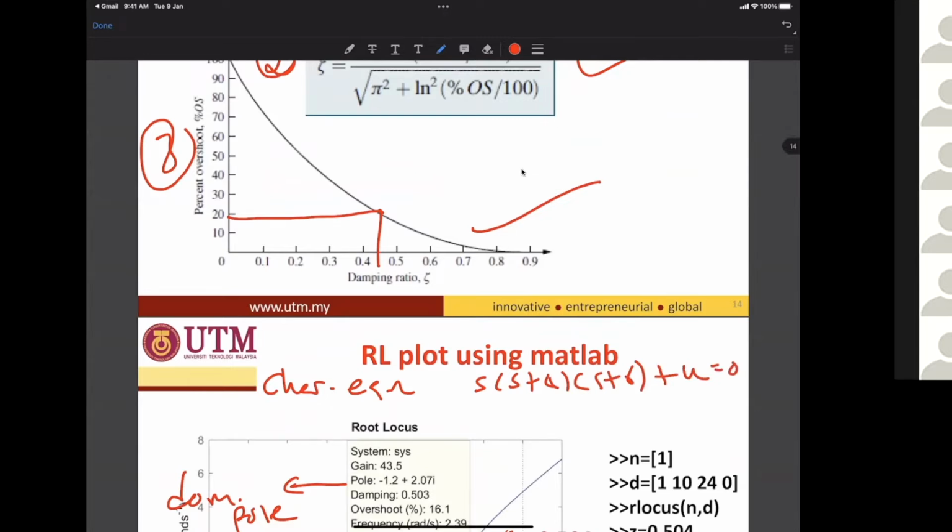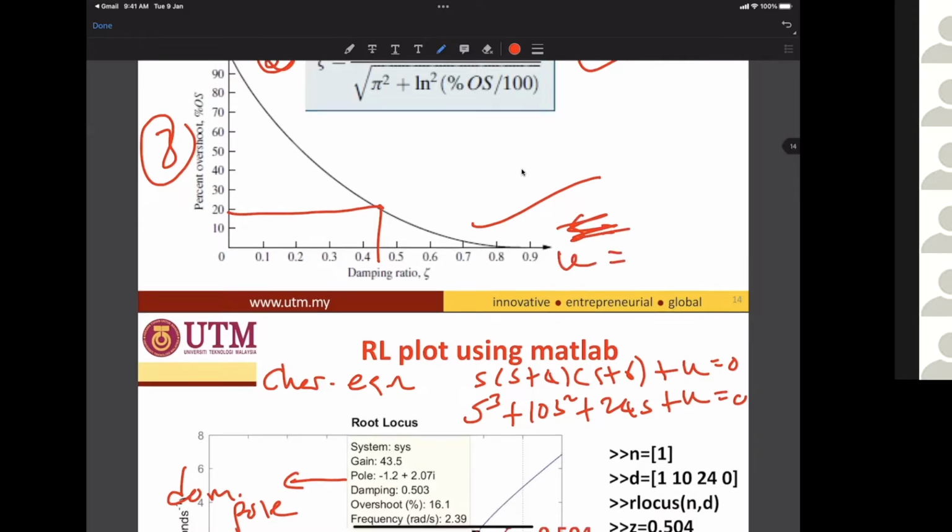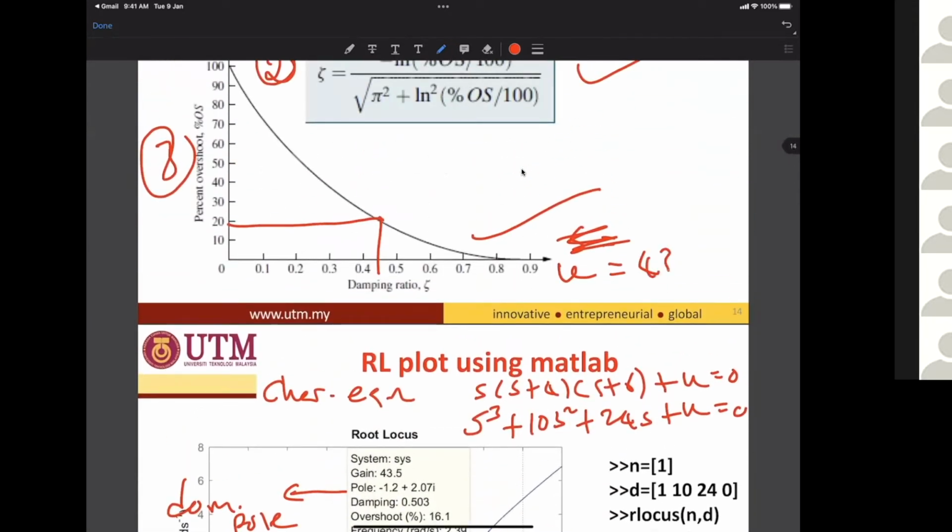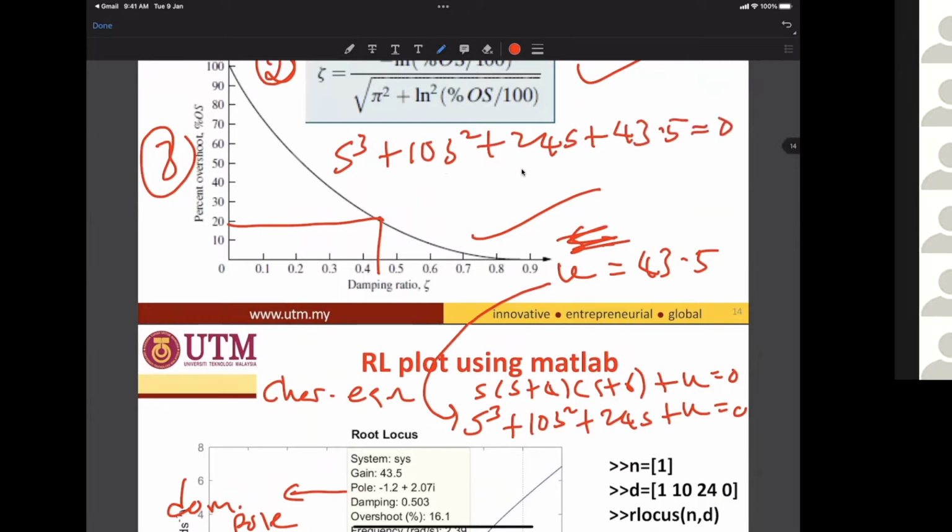So this is S cubic plus 10S square plus 24S plus K equal to 0. Substitute K equal to 43.5 that we calculated just now into this. So it becomes S cubic plus 10S square plus 24S plus 43.5 equal to 0. So calculate the roots. Calculate the roots, Lukas. What are the roots?